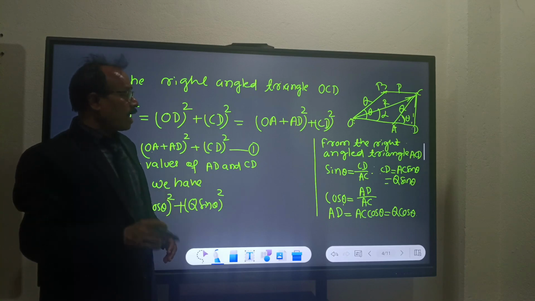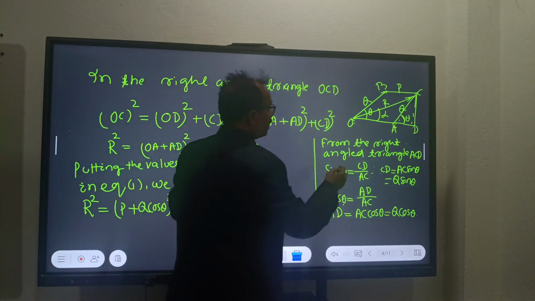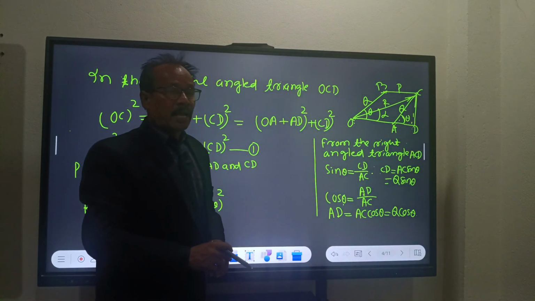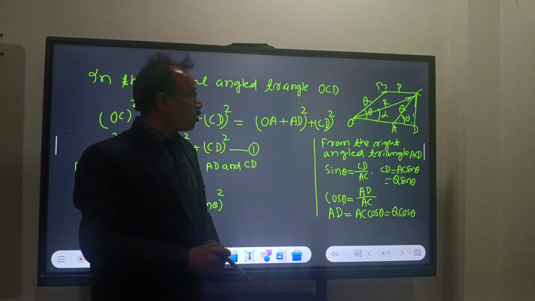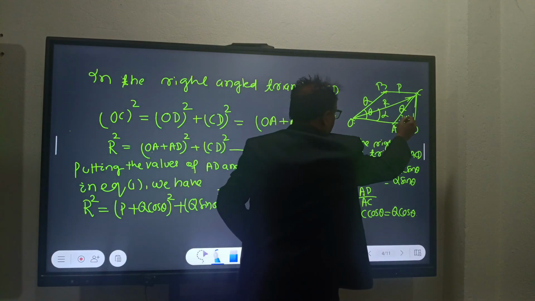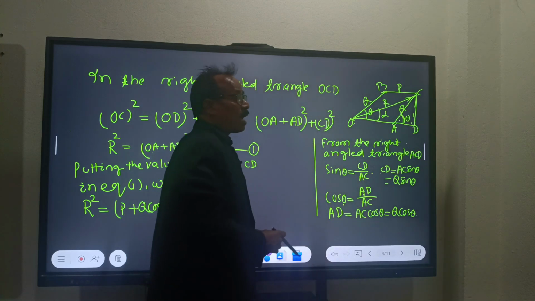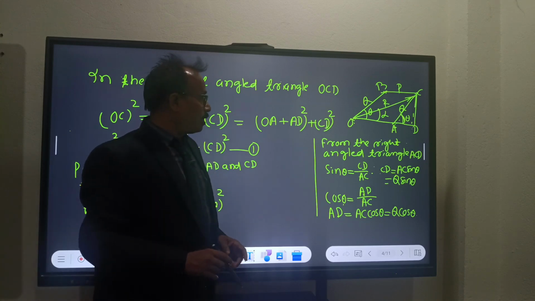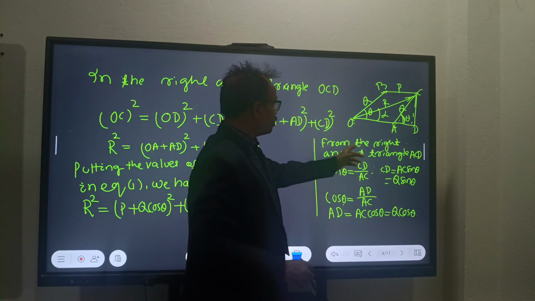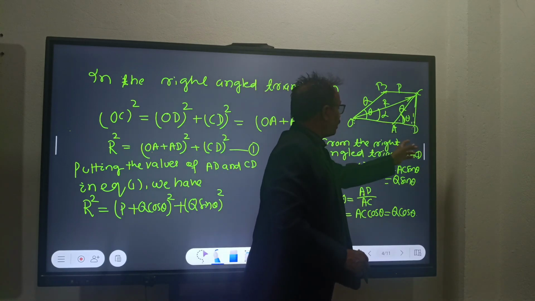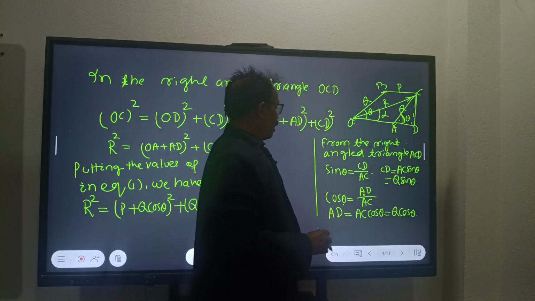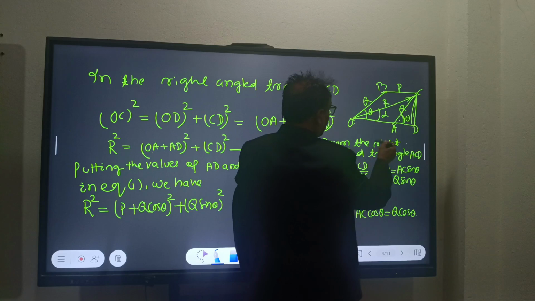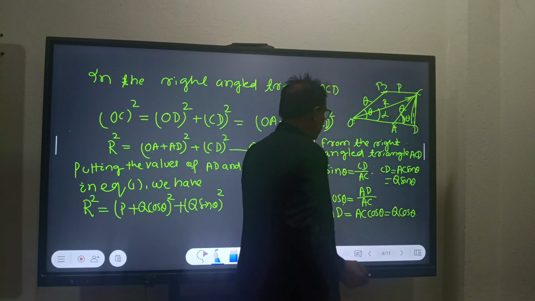Now, from the right angle triangle ACD, you know that sin theta is equal to P by H. In this triangle, P is equal to CD and H is equal to AC.